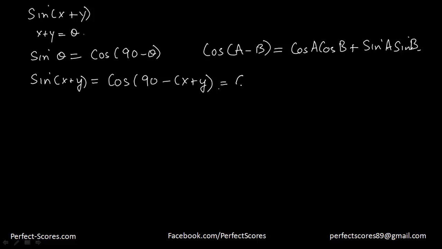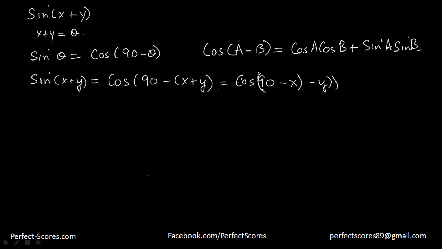So that is equal to the value of cosine a, and since we want to know the value of x and y, we'll say cosine of 90 minus x minus y.